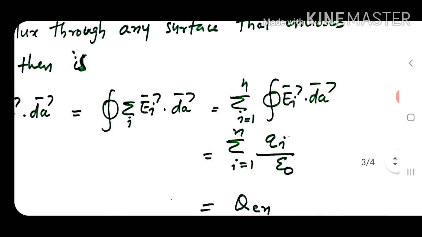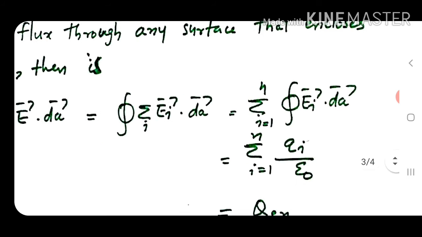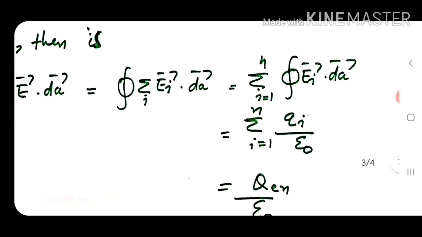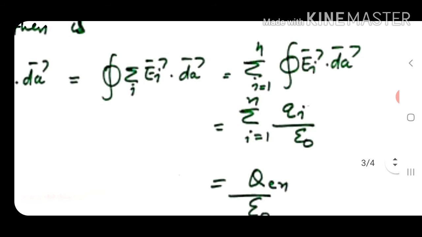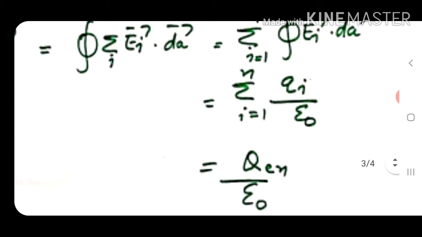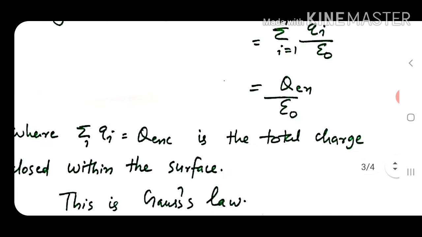So that is equal to sigma i equal to 1 to n of the closed integral of Ei dot dA. That circle in the integral denotes the closed surface. We have to consider a closed surface. So this is equal to, we know the integral of Ei dot dA is equal to qi by epsilon 0. So we are getting sigma i equal to 1 to n of qi by epsilon 0, that is equal to Q enclosed by epsilon 0.